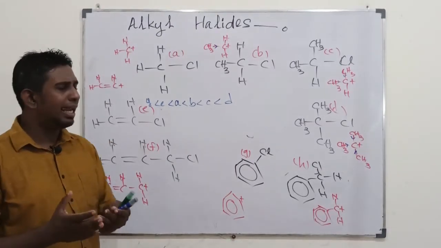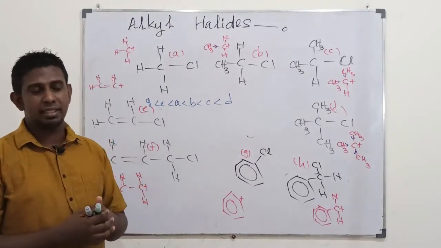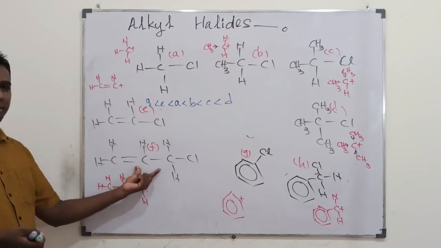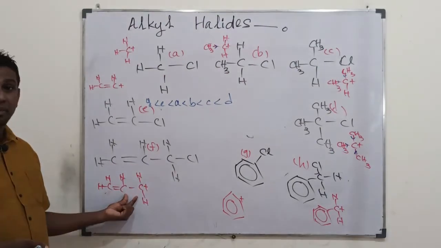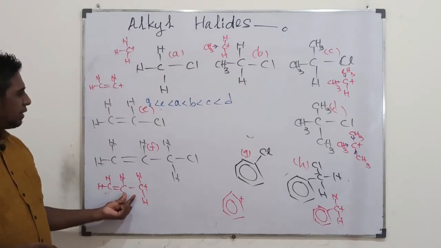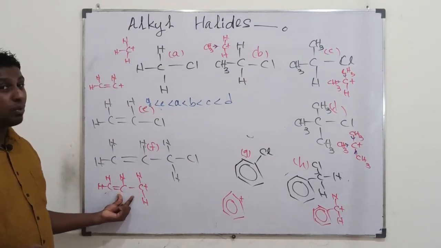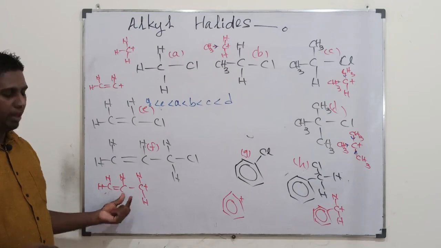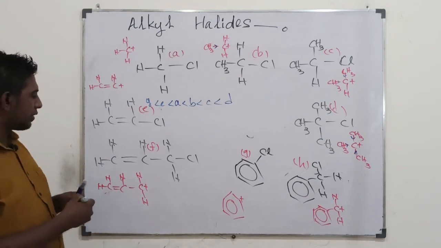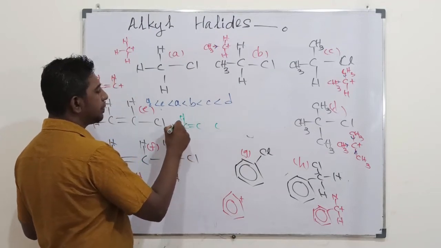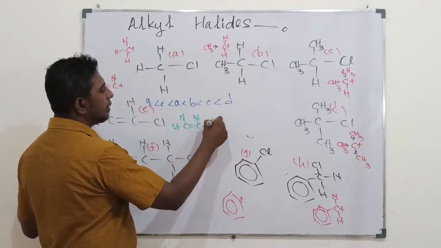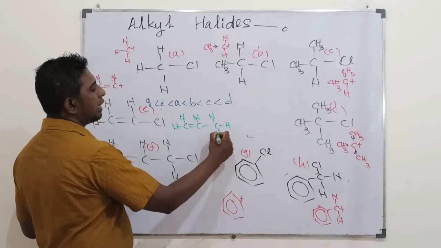Then there are another 2 to be discussed. One is this. When you let this chlorine leave, you get this cation formed. Then students, this cation could resonate. Let me draw those resonance structures. You could get a double bond here. It's a positive charge here.